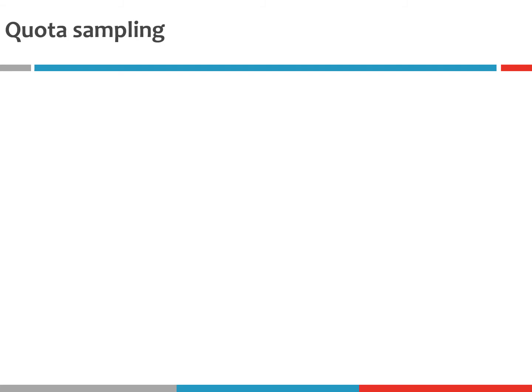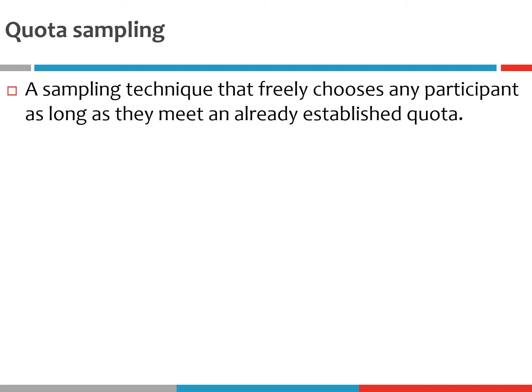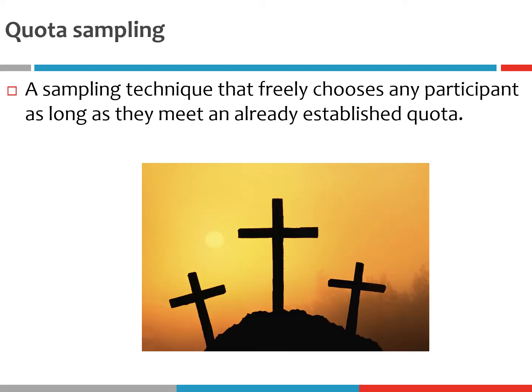Okay, then we have quota sampling. Quota sampling is a sampling technique that freely chooses any participant as long as they meet an established quota. So let's say, for example, that you're a researcher who wants a sample of 100 people that is 70% Christian.